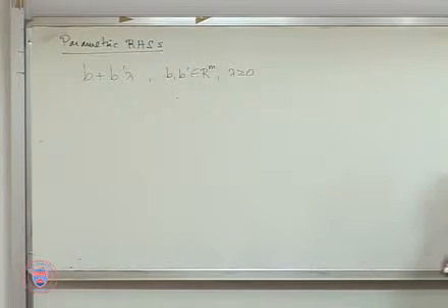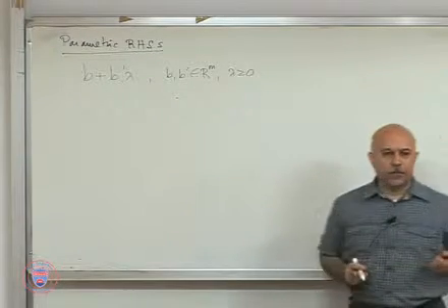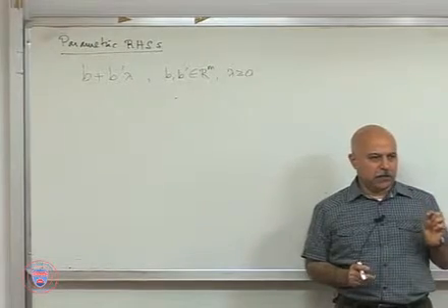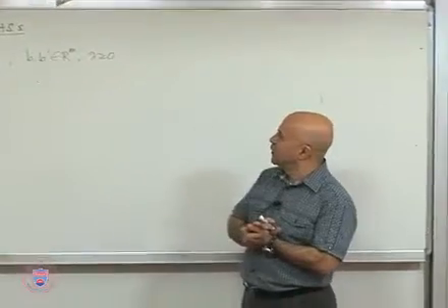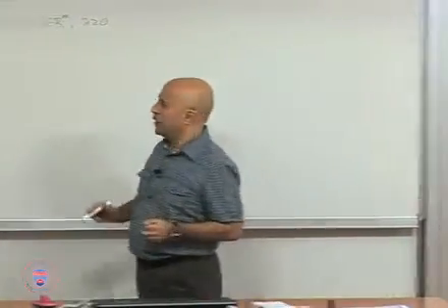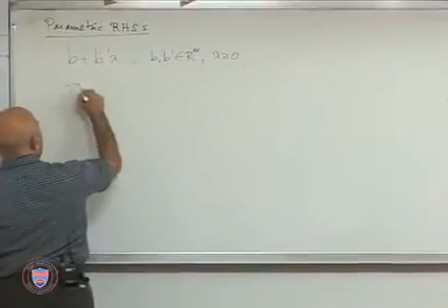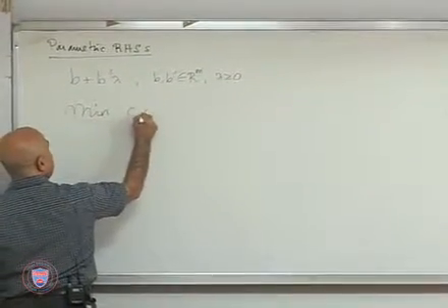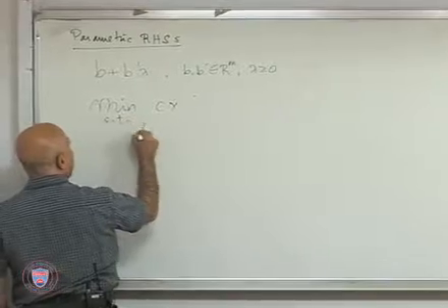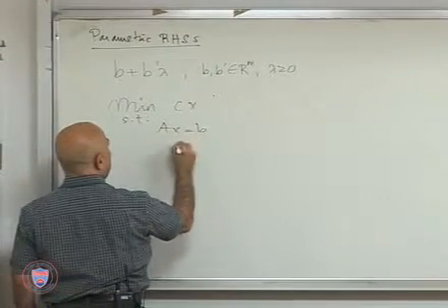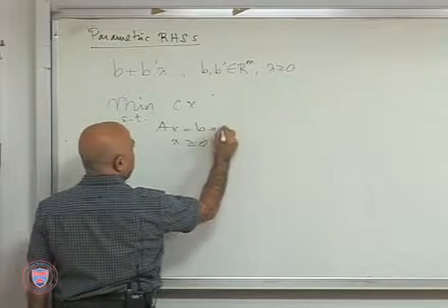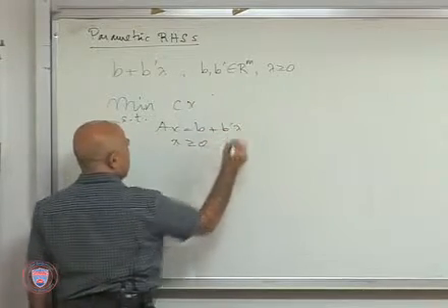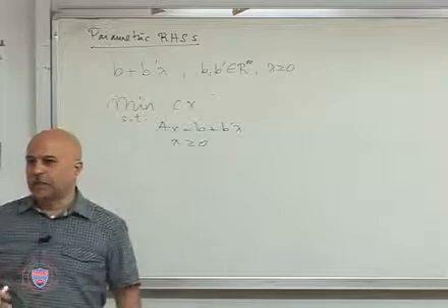You've got a vector b, another vector b prime, and then lambda is your parameter. As lambda varies in the non-negative real interval, you want to know how the solution is getting affected. Let's look at the standard form problem. This is the standard form problem, except that now we have the right-hand side being parameterized.